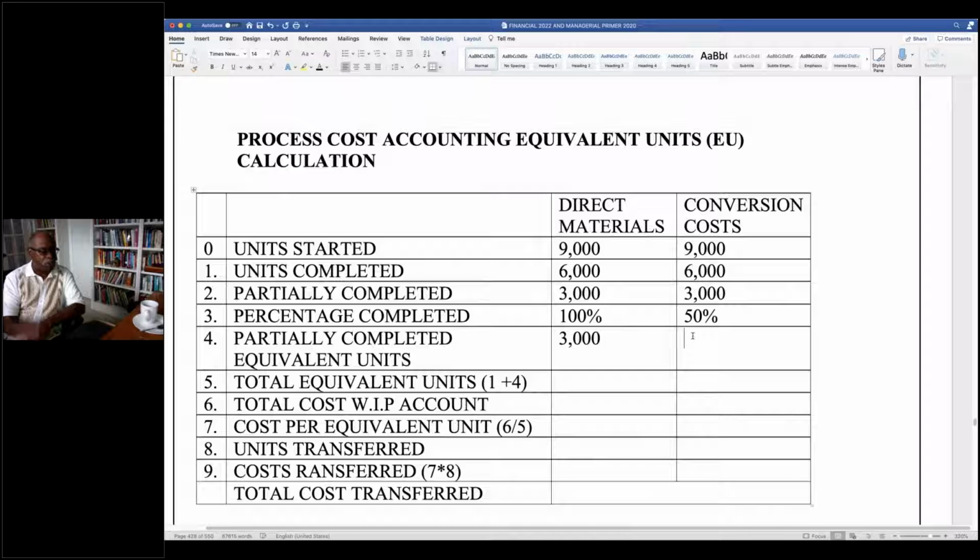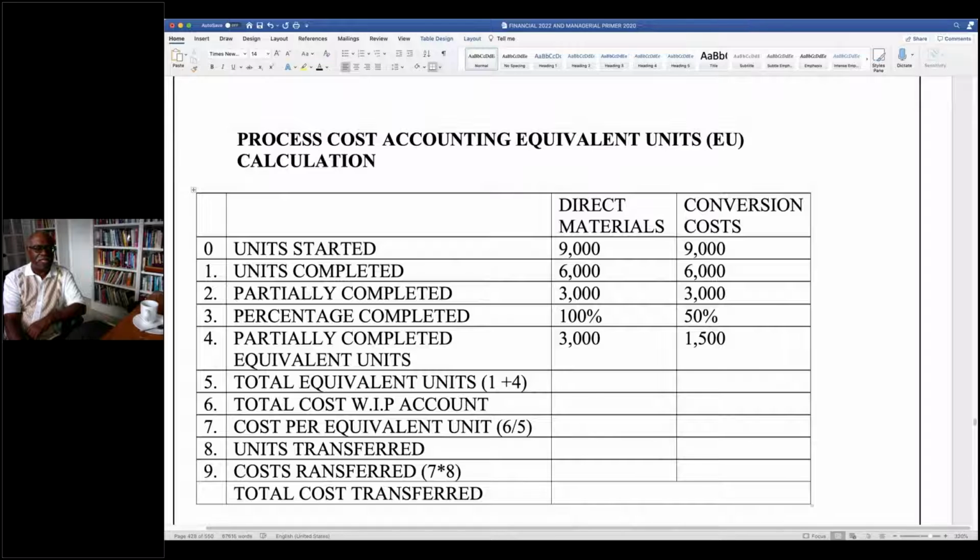But what about for the conversion cost? 1,500, because it's 50%. So our total equivalent units are what? 9,000, and for the conversion, 7,500.